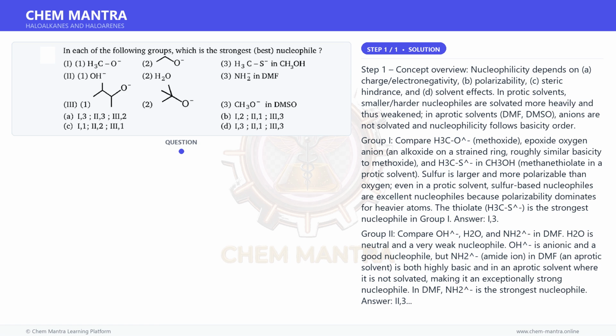However, answer D gives 2, 1, meaning OH- is the strongest in group 2. This could be interpreted as OH- presumably in water or standard conditions versus H2O versus NH2- in DMF, if the context is that only NH2- is in DMF while OH- is also in a polar aprotic context, or the question tests that OH- as a free anion is the strongest among common oxygen nucleophiles.